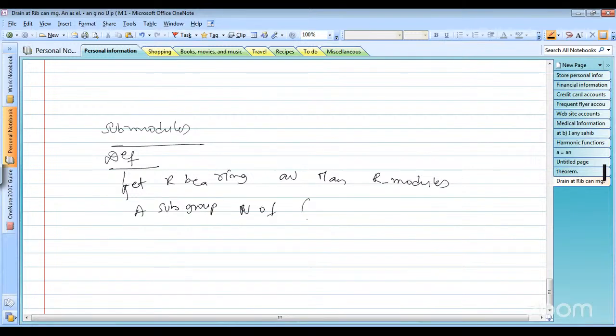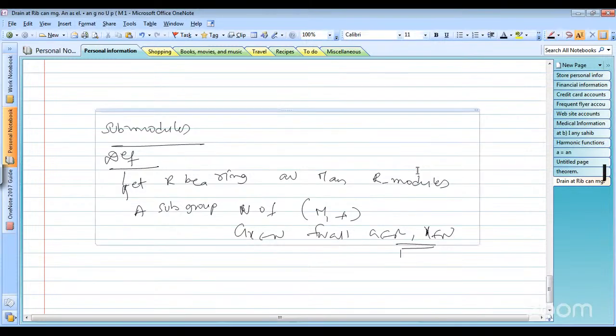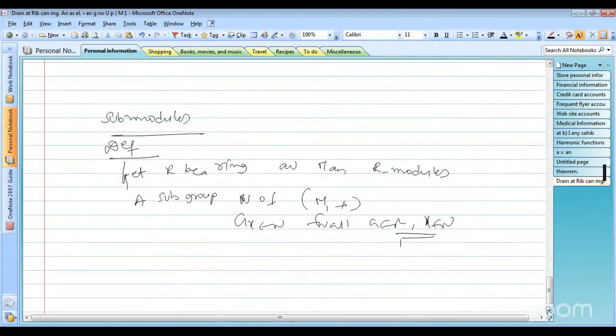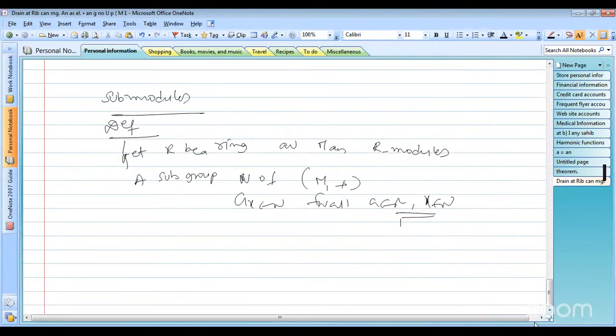A subgroup N of (M, plus) is said to be a submodule of M if ax belongs to N for all a belongs to R and x belongs to N. Note that 0 and M are always submodules of any module M. A submodule N of M is said to be proper if N is not equal to M, and trivial if N is equal to 0.